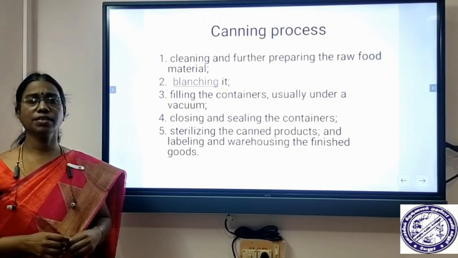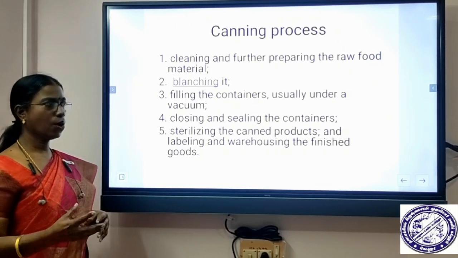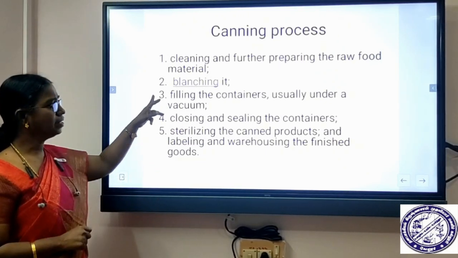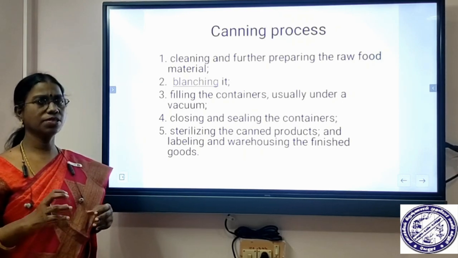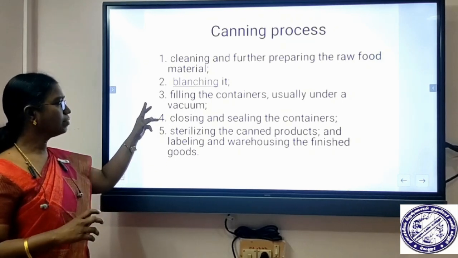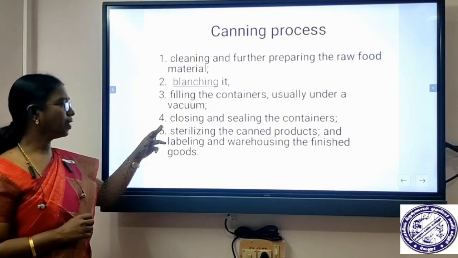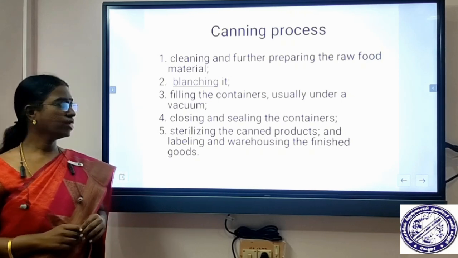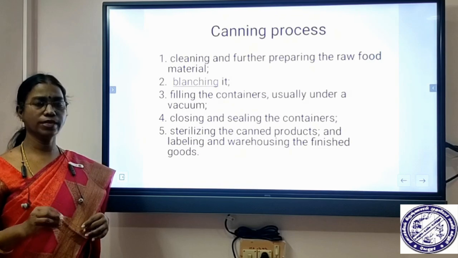Blanching is nothing but hot water washing. When hot water is used for washing, the microorganisms get eliminated. Finally the cans are filled with the food substances to be preserved, and after filling, the cans are closed and sealed, and finally a heat treatment is provided to the cans so that any microorganisms left will also be destroyed.